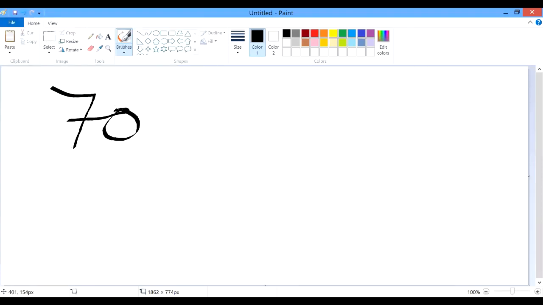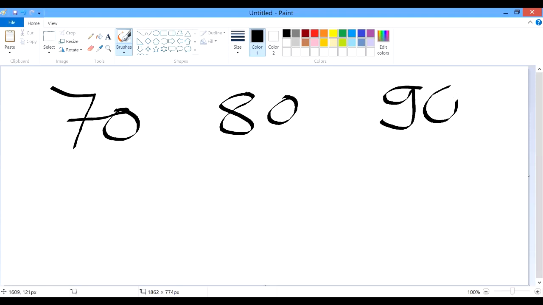Then 70, 80, 90. So in the 70, you can have the ta with an ekara with 0. One thing is common, that is the 0. You can see the 0 is common.